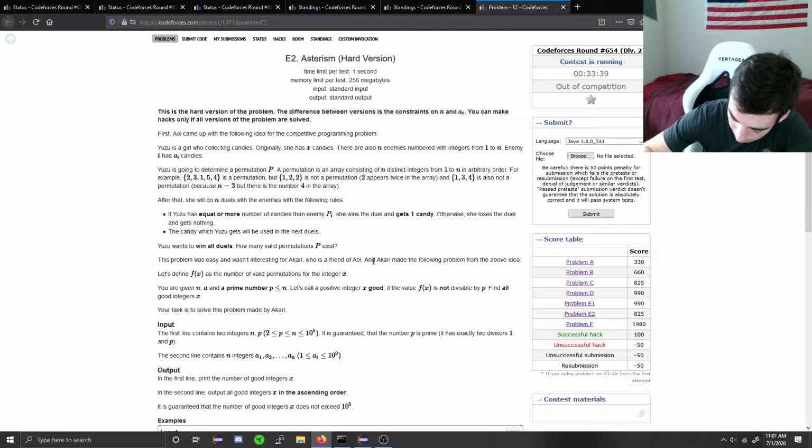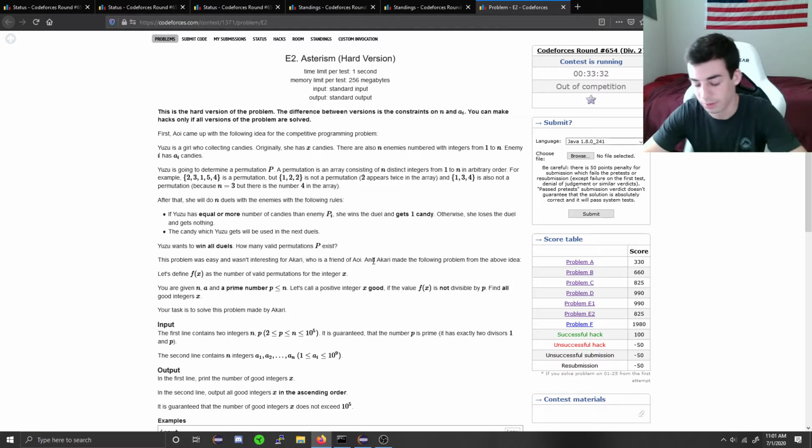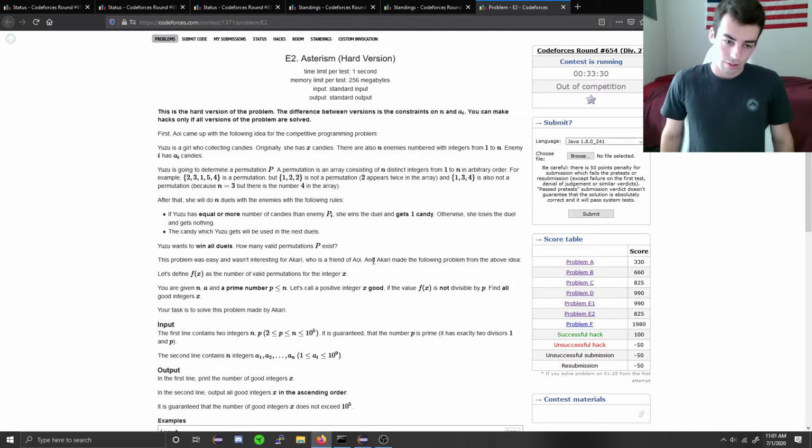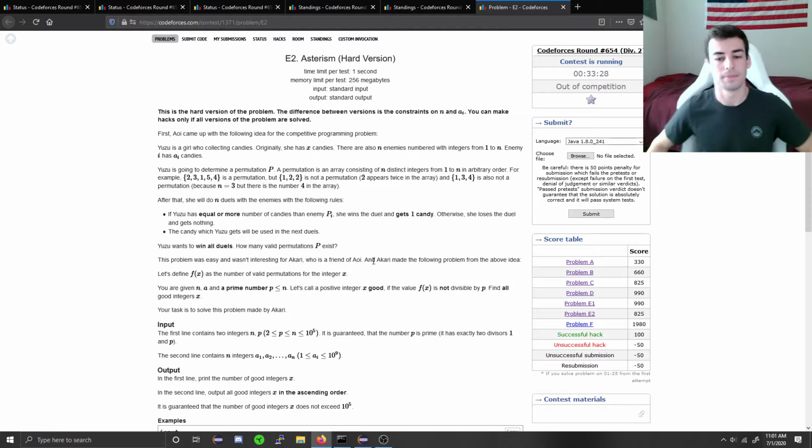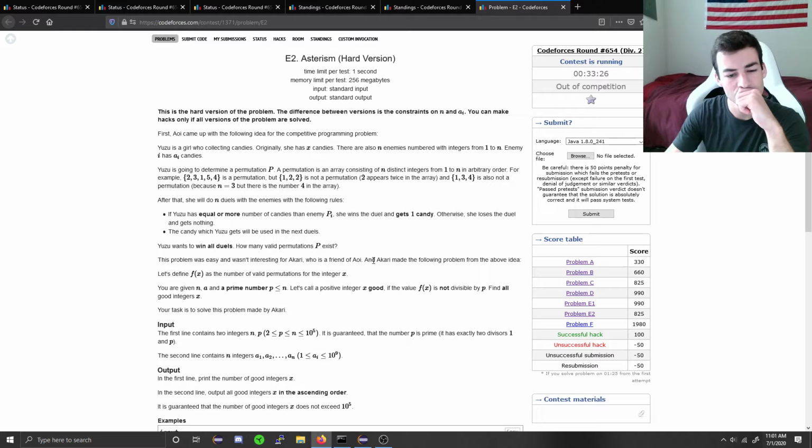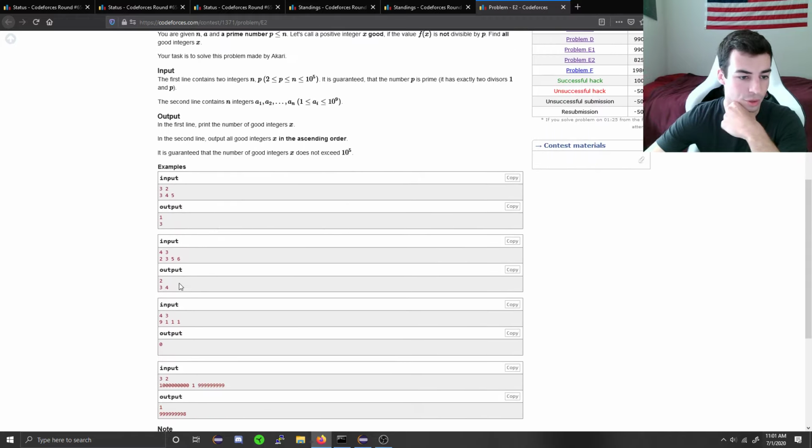My initial idea is maybe we can do something to take advantage of the fact that if we're gonna win every duel, then we just have one more candy in the next duel. So, are there any good samples for me to use? This is surely impossible, right? Oh, I guess it's not impossible.